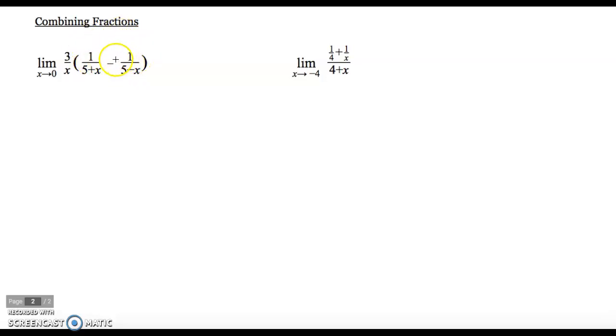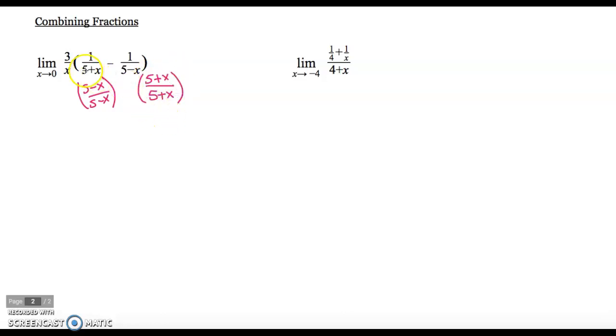I'm going to try to subtract them, but in order to subtract them, I need common denominators. So I'm going to go ahead and multiply this first expression. I'm going to do nothing with this for a little bit. It's just going to hang out outside. I'll multiply this first expression on the top and the bottom by 5 minus x. And then this expression I'll need to give a 5 plus x on the top and the bottom.